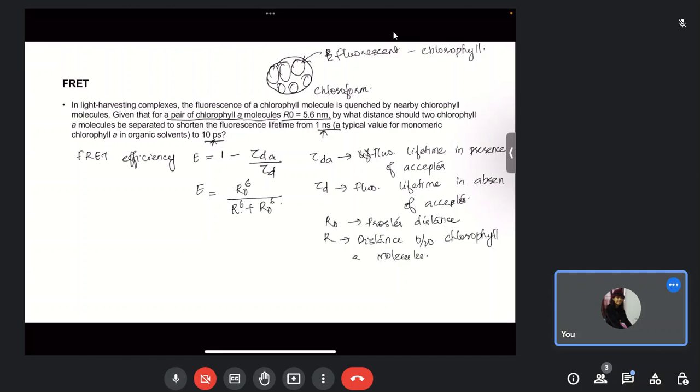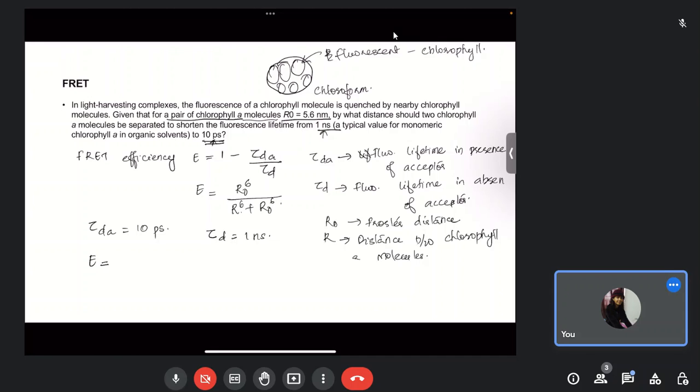Okay, so tau DA is equal to 10 picoseconds and tau D is equal to 1 nanosecond. 10 picoseconds is the fluorescence lifetime when it has nearby chlorophyll molecules.